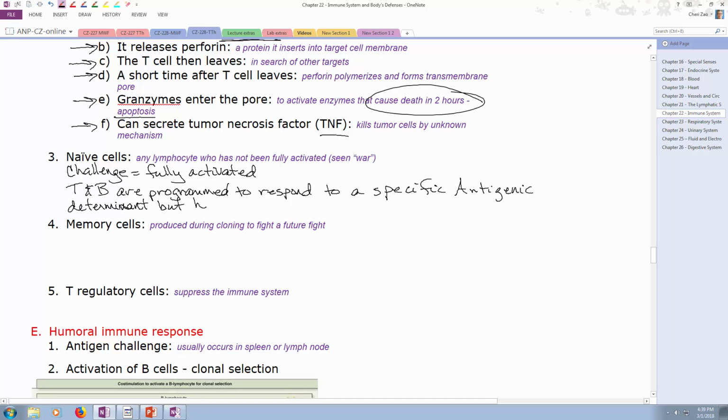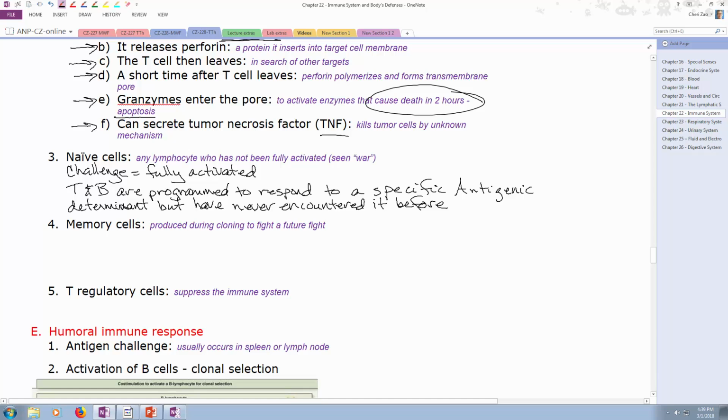But if you're naive, you have never encountered it before. But the APC is bringing it to you, saying, we now have this pathogen in our body and we need to mount an immune response, because that's what APCs are doing.